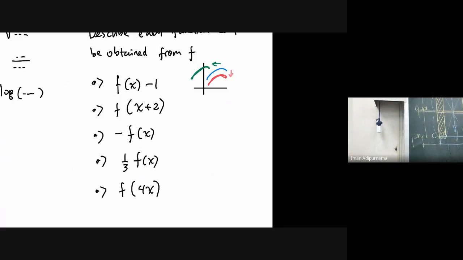And how about minus f of x? Yeah, it is reflected across the x-axis, right? So maybe here.